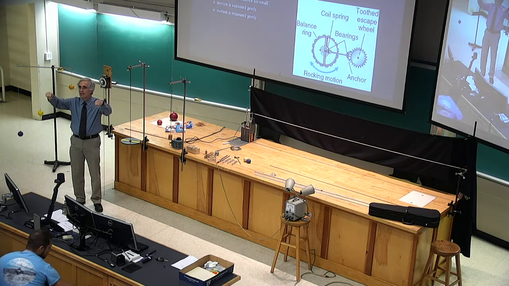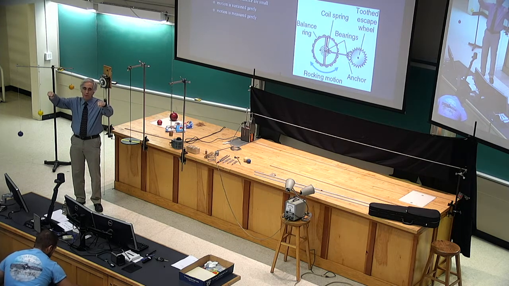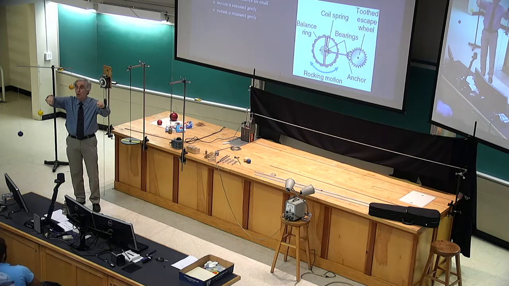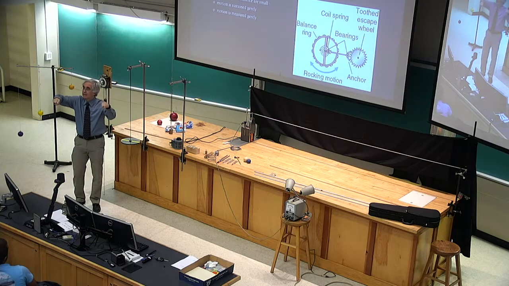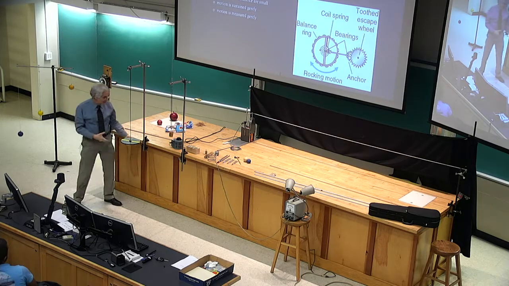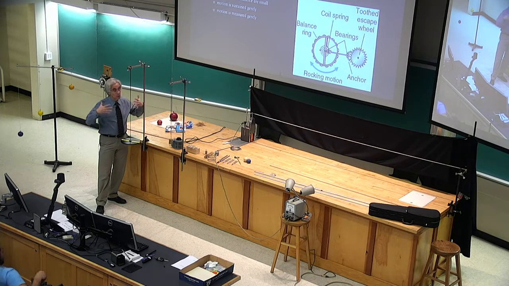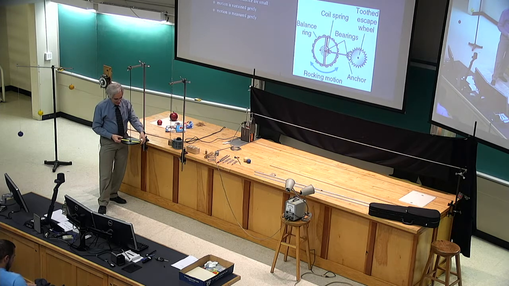It'll fight twisting the way a spring would, meaning that the restoring torque increases as you twist it more and more, proportional to how far you twist it. And this is a harmonic oscillator, therefore. To get it going, I can give it one big twist, or a whole series of little twists in the direction it's rotating. But I'll not worry about that.